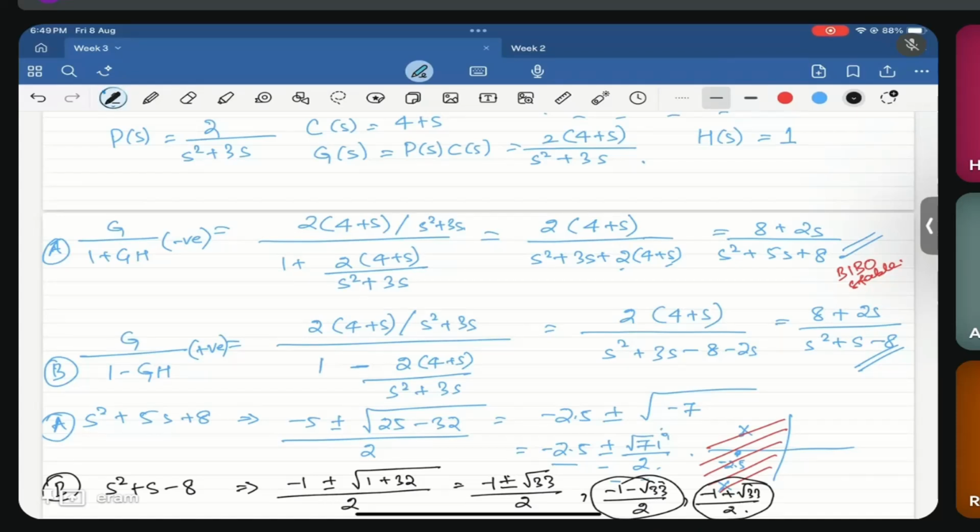So we have one pole on the left half plane and the other on the right half plane. So is it Bibo stable or not? The Bibo stability says that all the poles should lie on the left half plane. Here all the poles are not lying on the left half plane. Only one pole is lying on the left half plane, and we have another at the RHP. So this is not Bibo stable.